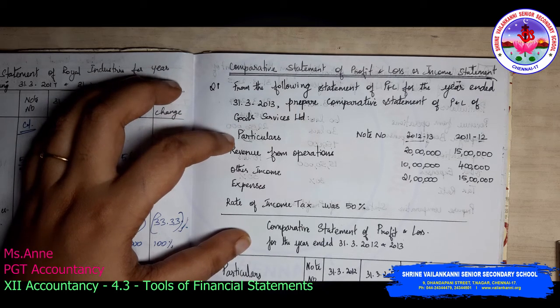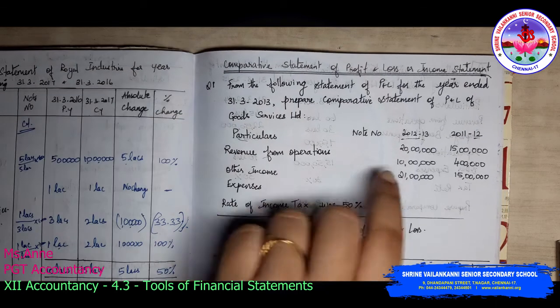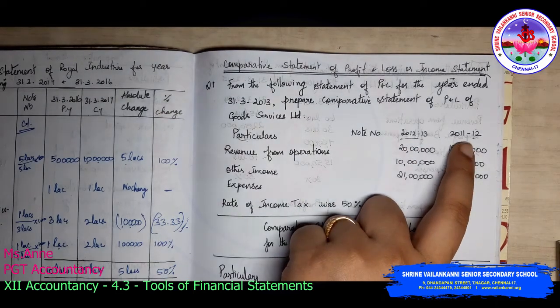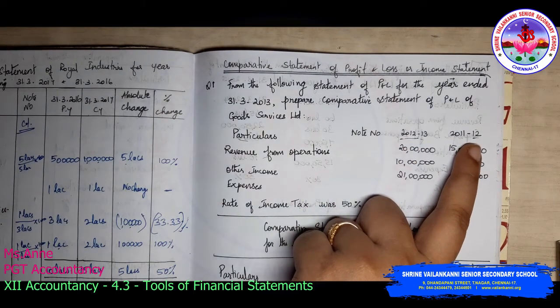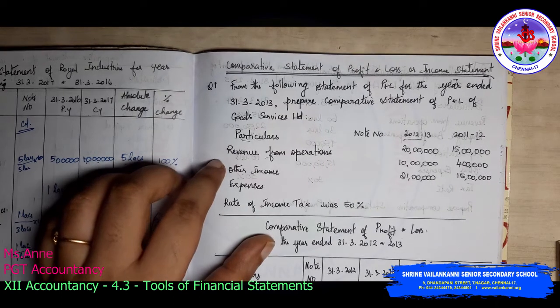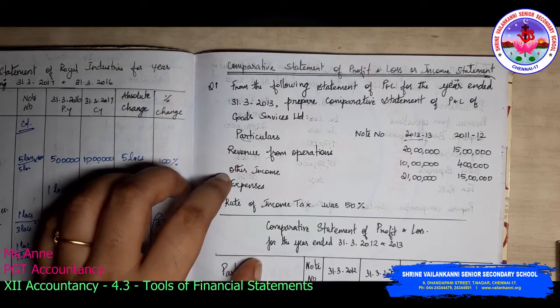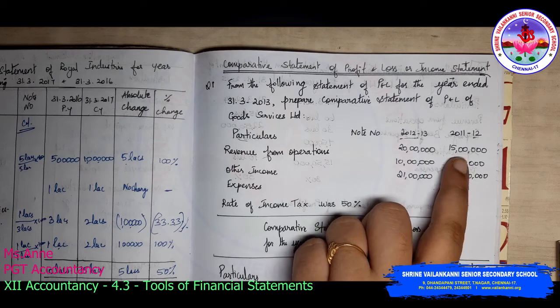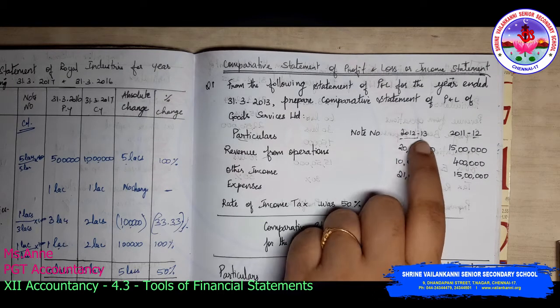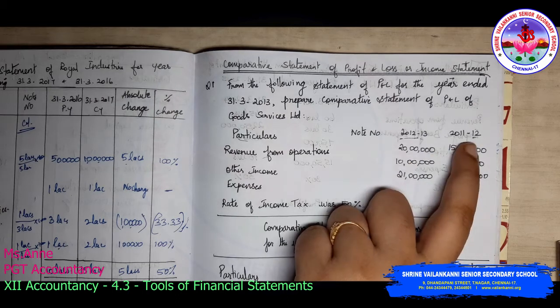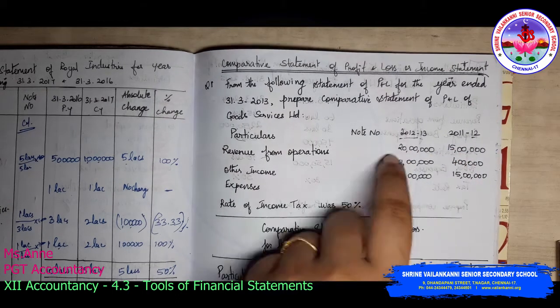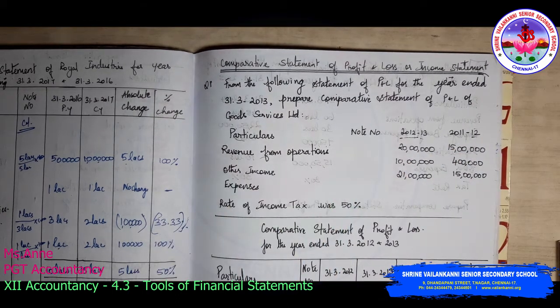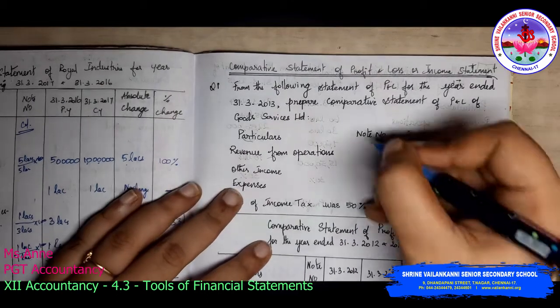Particulars, note number, 2012-13 figure is given and 2011-12 figure is given. Revenue from operations: 2013 it is 20 lakhs, 2012 it is 15 lakhs, which means there is an increase of 5 lakhs.